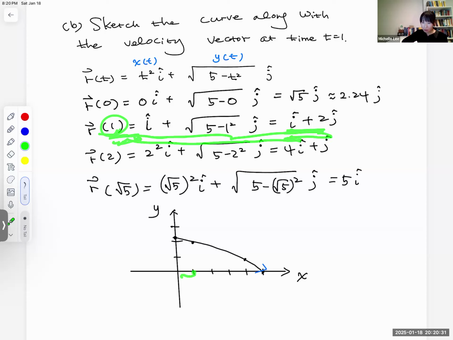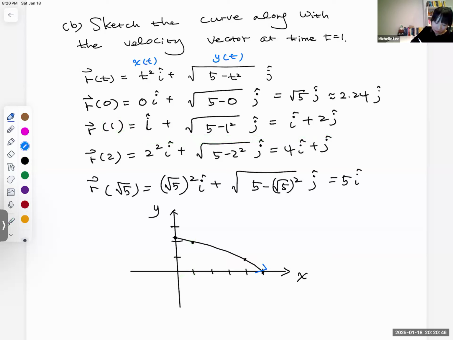So 1i, 2j. From here, we want to know the velocity function. So what was the velocity function? Hold on one second. t equals 1.